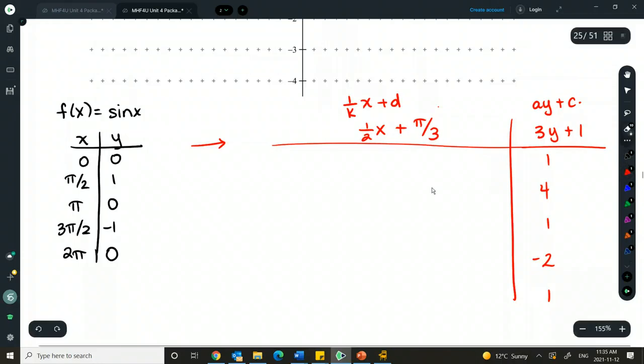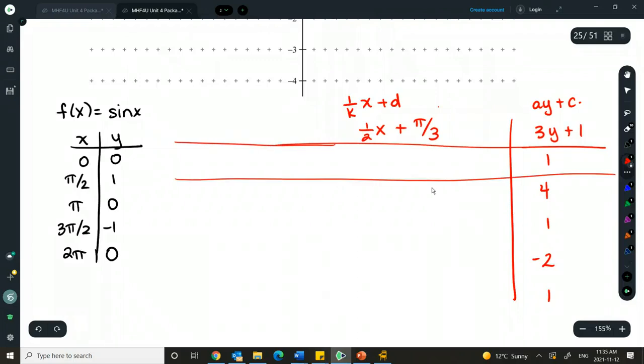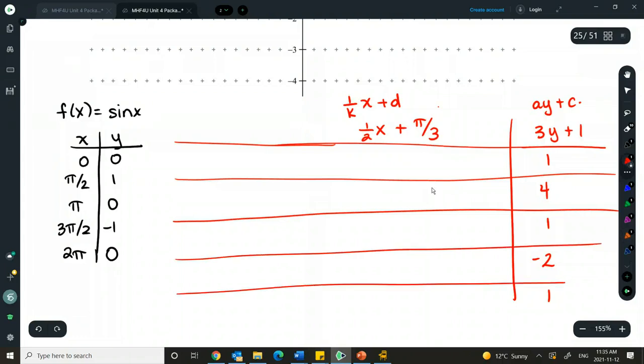All right, the x coordinates. We're going to do a little bit of fraction work here. So I'm going to take you through. Sorry guys, I'm losing my voice a little bit here. All right, take your x's. We're going to sub each one in here. So first one is 0. 0 times a half plus pi over 3. That one's nice and easy.